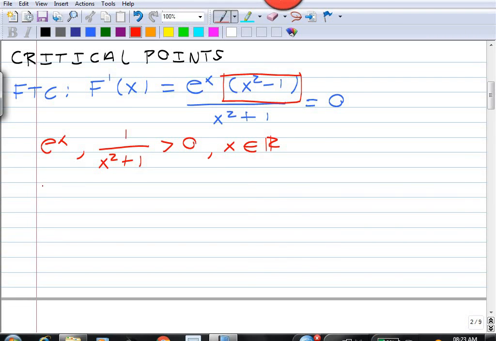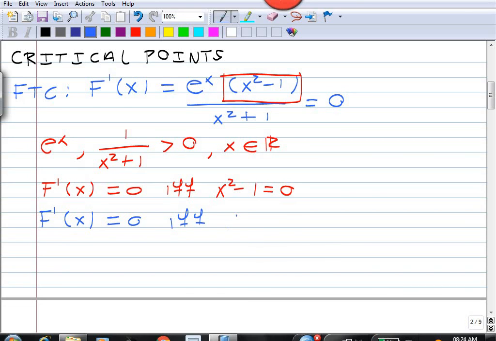So we have that the derivative of f is 0 if and only if x squared minus 1 is 0. Right? So we see that the derivative is 0 if and only if x is either minus 1 or x is 1. Therefore our function has two critical points, one at x equals minus 1 and one at x equals 1.